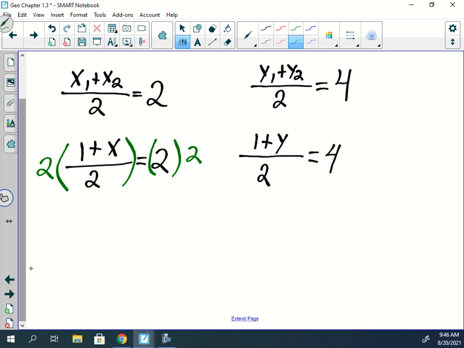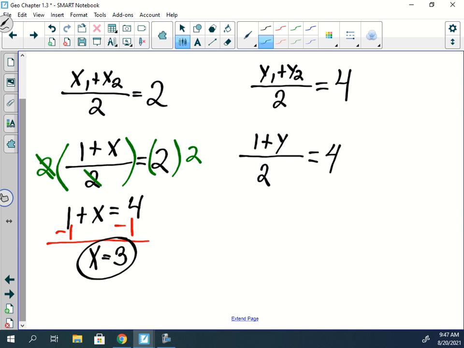And the reason we multiply both sides by 2 is because we want this division of 2 to cancel, leaving us with 1 plus x is equal to 4. And then we would subtract 1 from both sides, telling us x is equal to 3.